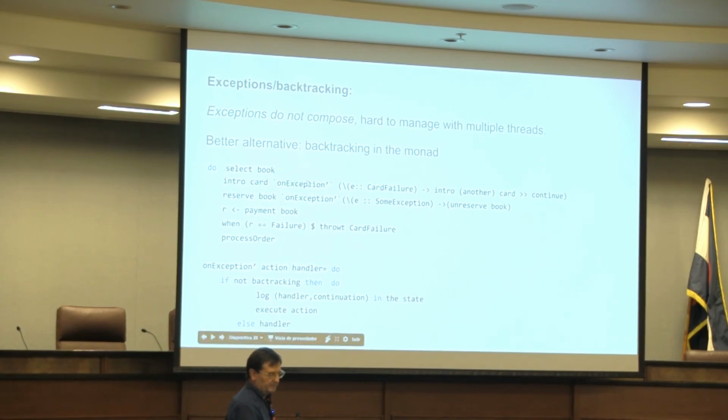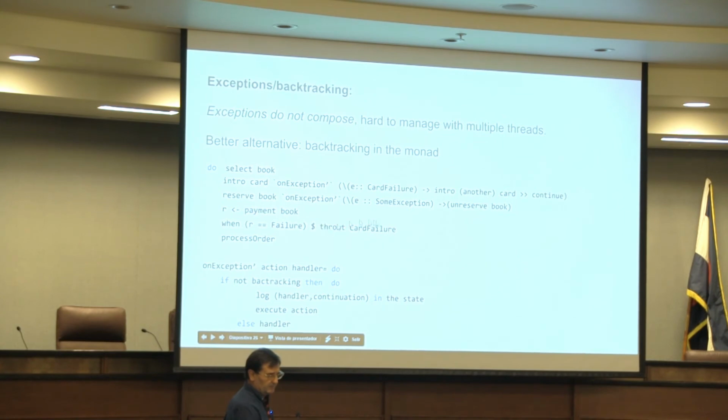When he goes to pay, he enters a card, and the book is preemptively reserved. Then the payment is executed, and there may be a failure. If there is no failure, the order is processed. But we have some state here that we have to fix when there is a failure.